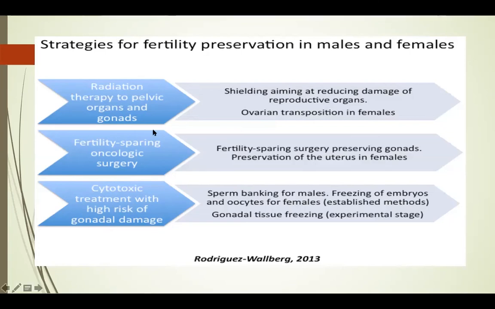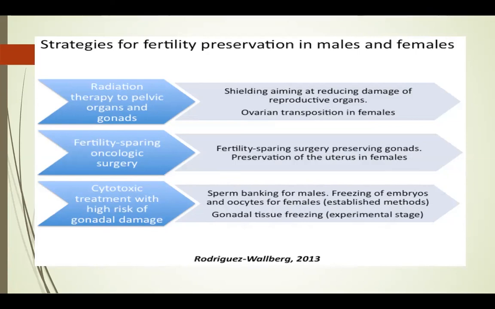This diagram is from 2013. Since then, there has been a huge change in this area. In some hospitals now, they offer oocyte freezing for females, and gonadal tissue freezing will be available in the coming years. Even if it's not available in the public hospitals, give the patient the options.